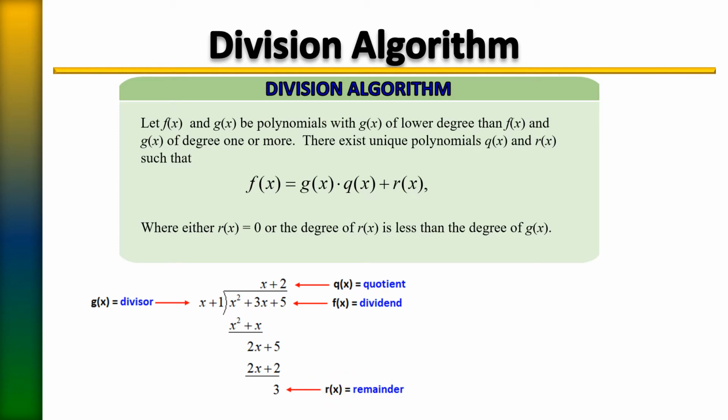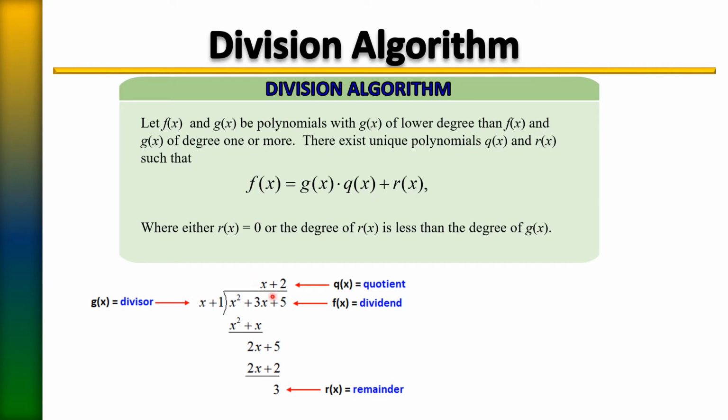So all it's saying here is the divisor times the quotient plus the remainder equals the polynomial itself, the function itself.